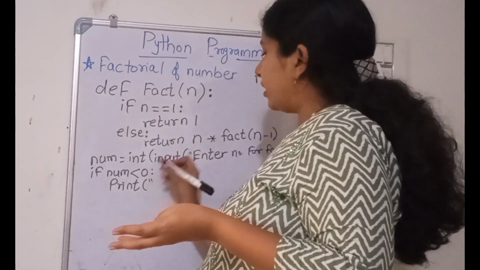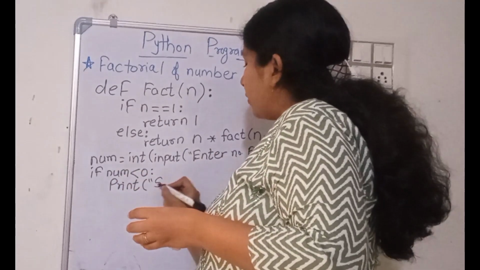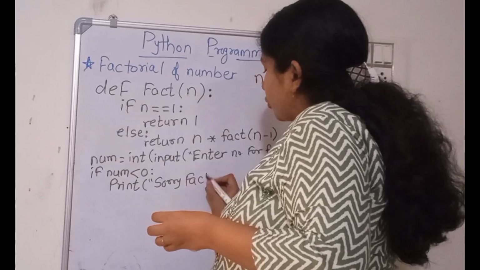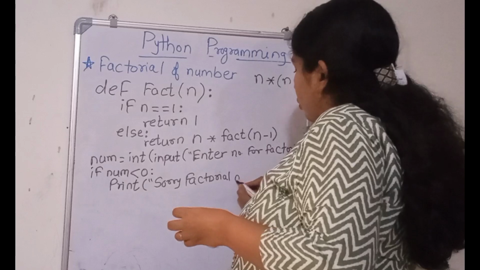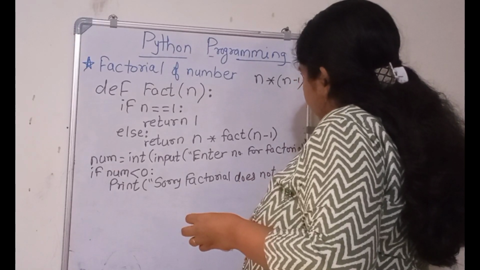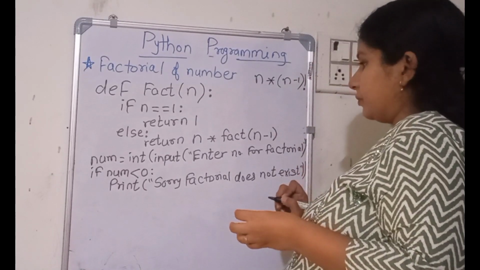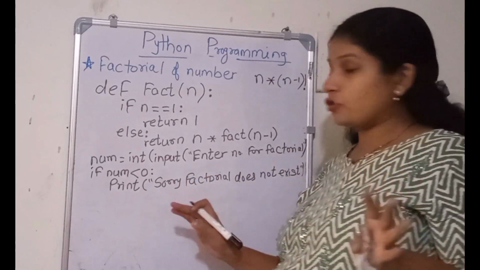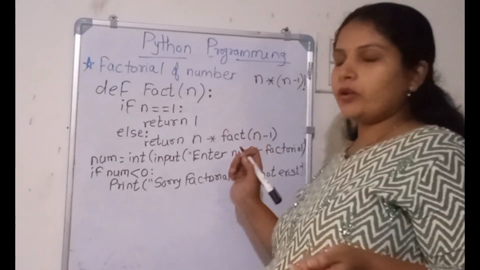So we are saying for a negative number we can't calculate the factorial. So here I am just displaying the message: sorry, factorial does not exist. This will be my message to the user, because we cannot calculate the factorial for a negative number.